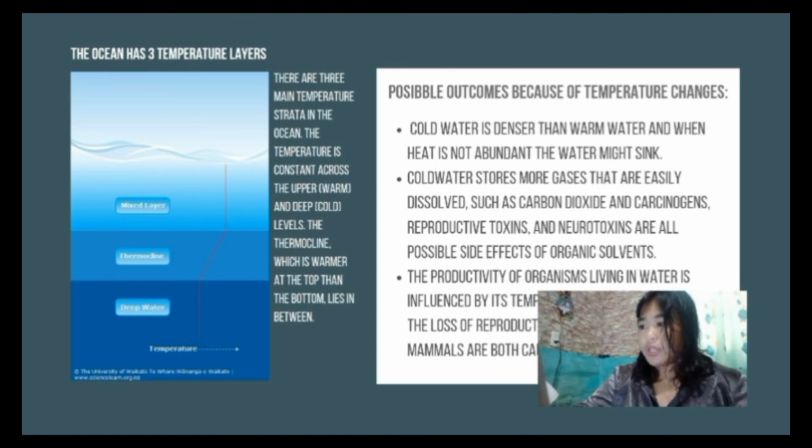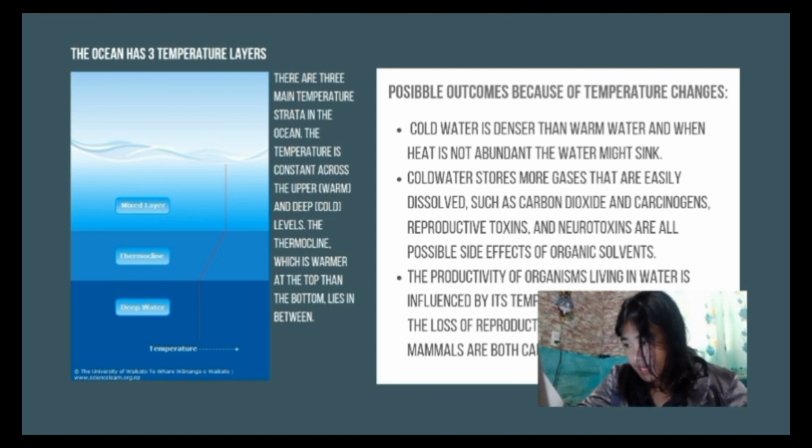So the ocean has 3 temperature layers. That is the mixed layer. Next is the thermocline. Next is deep water. The temperature is constant across the upper warm layer, which is the mixed layer, and the deep cold layer. So the deep cold is this part right there.